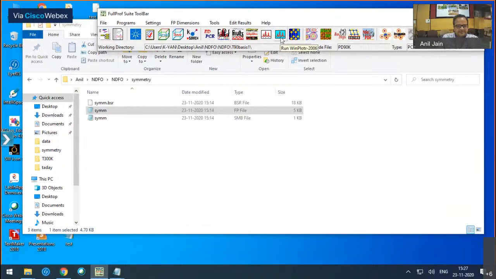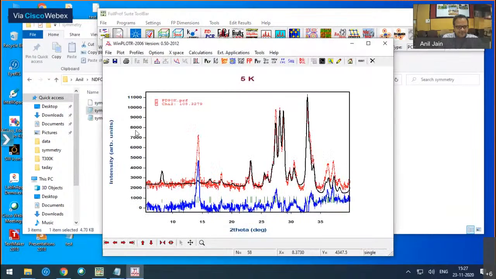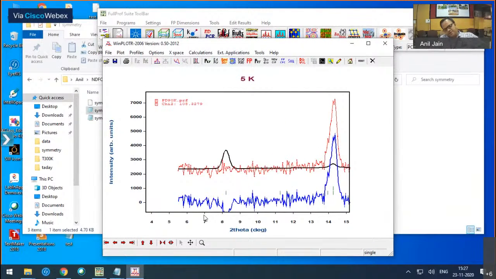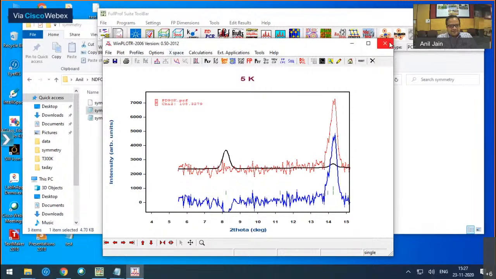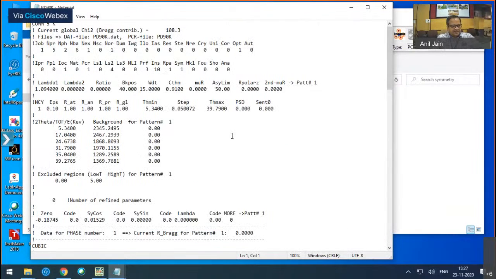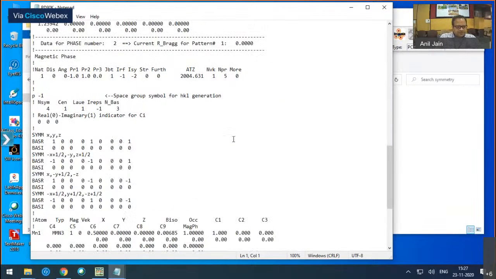You see it, if I can see it from here, that if I put even a small moment of 1, it tries to generate intensity at this location where we have no magnetic intensity. So it means this configuration is not good for the magnetic structure.